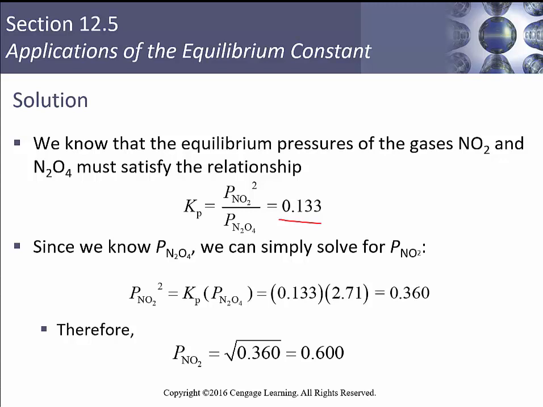So 0.133 times 2.71 is equal to 0.360. So that's our partial pressure of the NO2 squared. We need to get rid of that square. So our partial pressure of the NO2 is going to be the square root of 0.360, so 0.6. Right? Not too bad, right? All you did is you plugged in the numbers and you solved for the missing one.